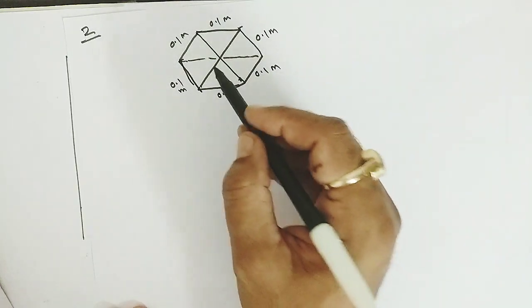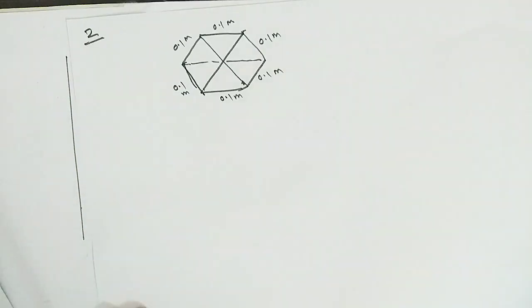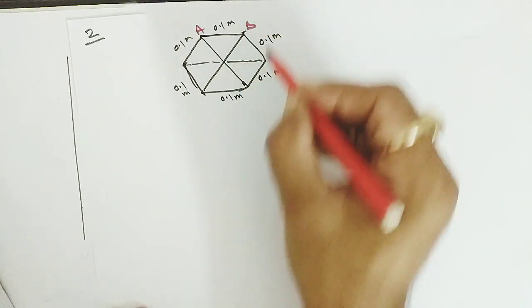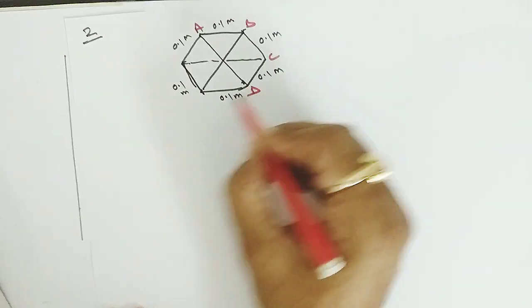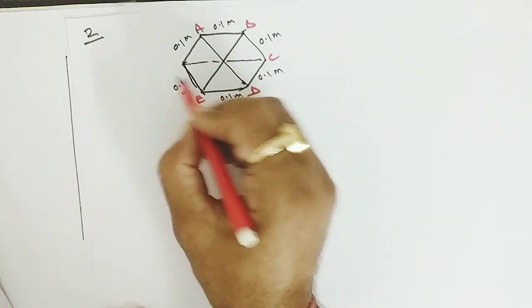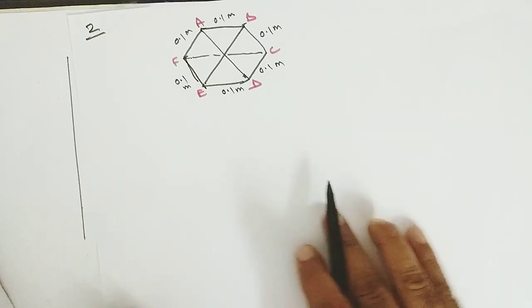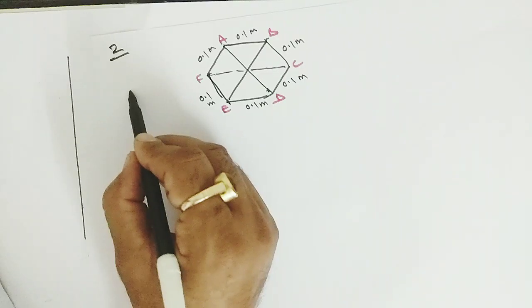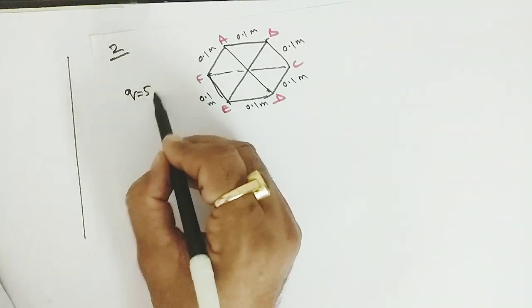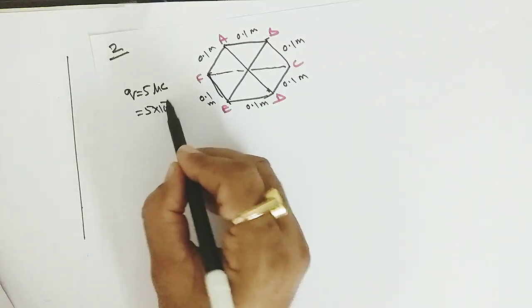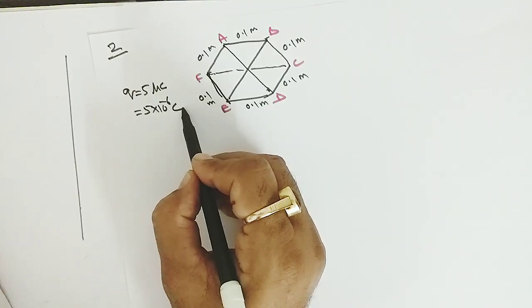So at every vertex, that is A, B, C, D, E, F, at all points the charge is 5 microcoulomb. Charge is given 5 microcoulomb, or 5 into 10 to power minus 6 coulomb.